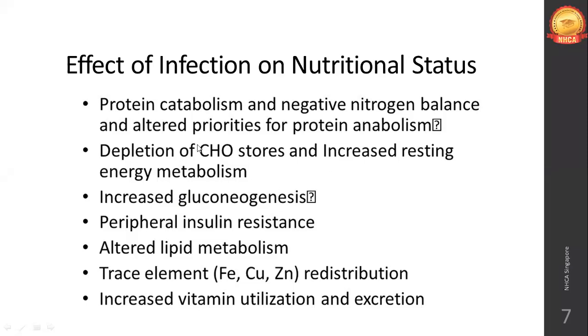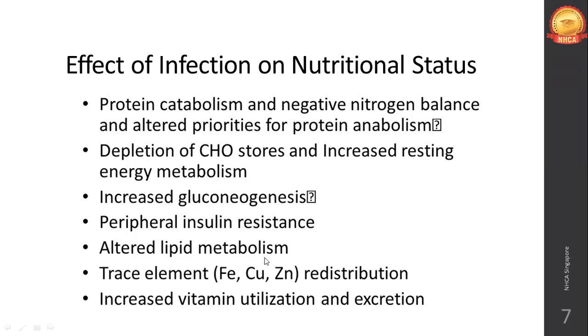Peripheral insulin resistance: when too much glucose is again being secreted back into the system from the liver, insulin will not work on it. Insulin will not be able to bring down the blood sugar level.